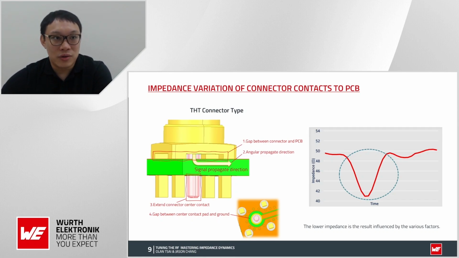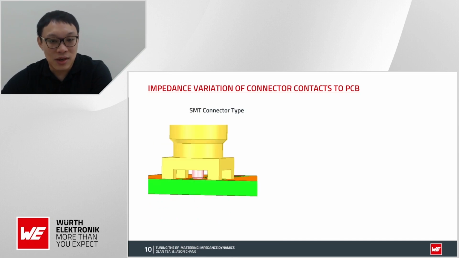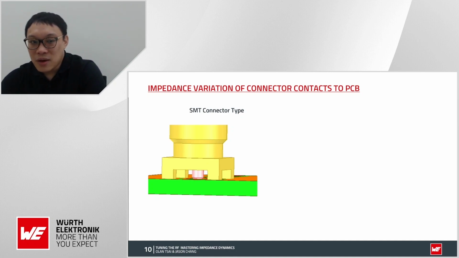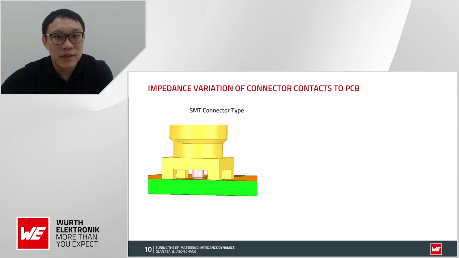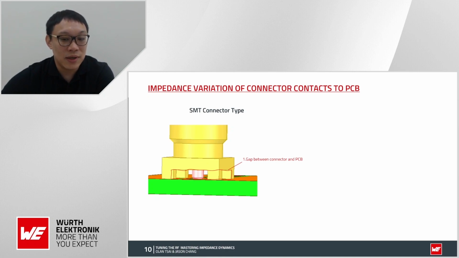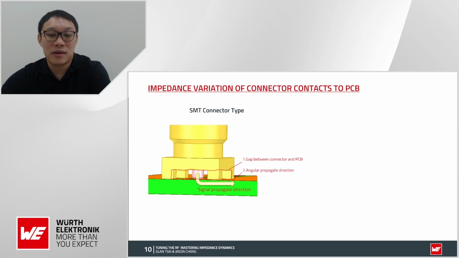Let's move on to the SMT connector type. For the SMT connector type, take a time to think about it. What could be the problems? Yes, it also has the problem of the gap between the connector and the PCB and the angular propagate direction, same as the THT.